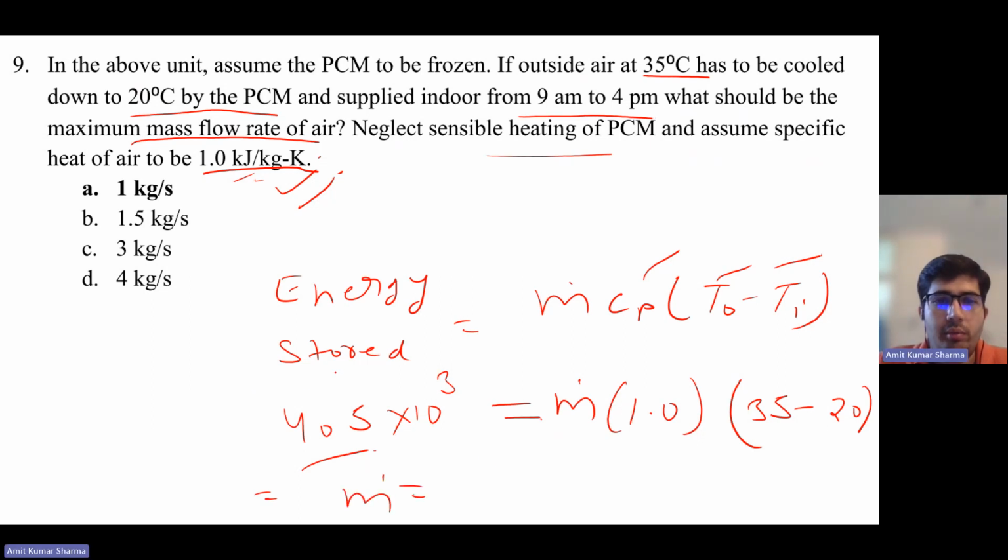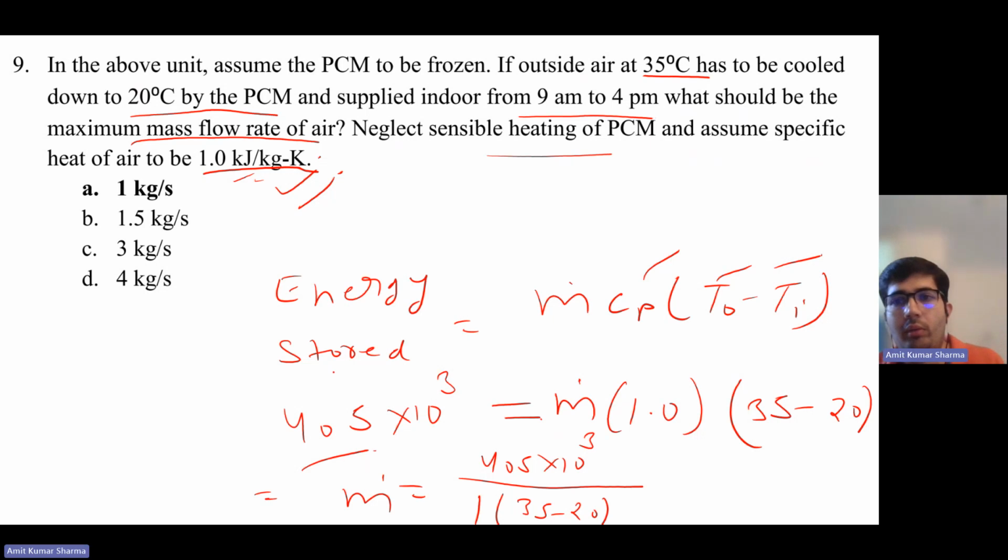So the mass flow rate will be 405 multiplied by 10 to the power 3 upon 1 multiplied by 35 minus 20, and we also have to multiply by the time.